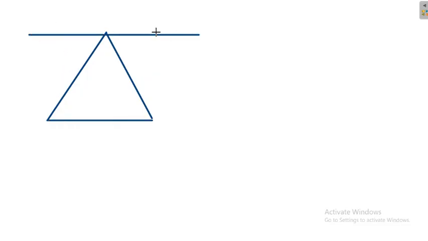A triangle, and we have a straight line, and we have an exterior angle, angle X. This angle is 50 degree.